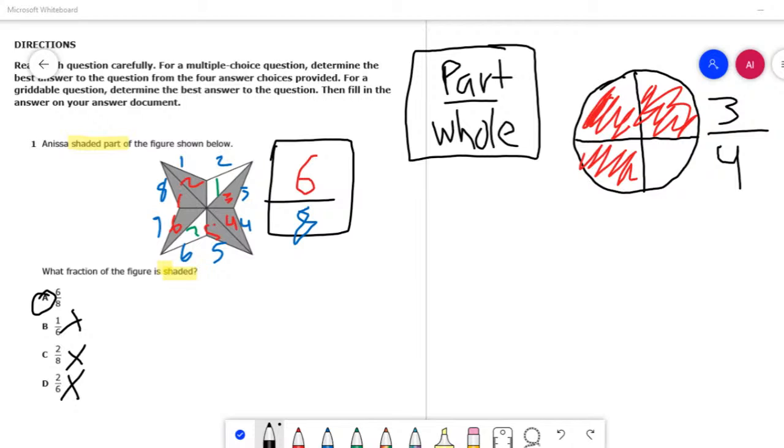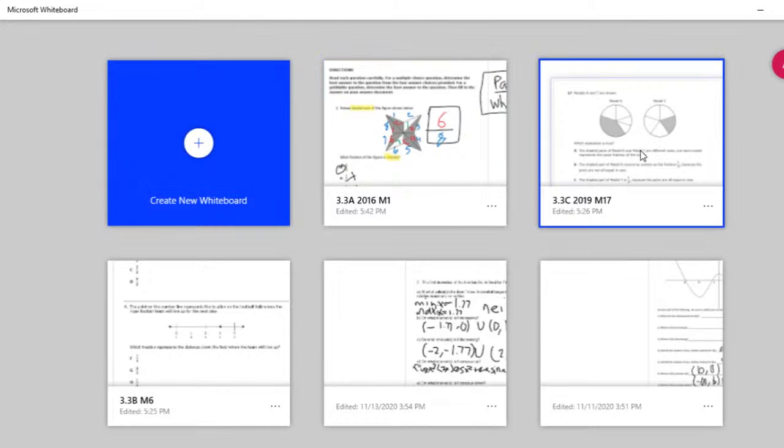If there's any questions, then please leave them in the chat. So it doesn't look like we have any questions so far about this problem. So let's move on to our next problem.